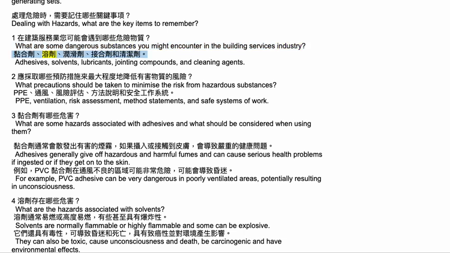Adhesives, solvents, lubricants, jointing compounds, and cleaning agents. 2. What precautions should be taken to minimize the risk from hazardous substances? PPE, ventilation, risk assessment, method statements, and safe systems of work.